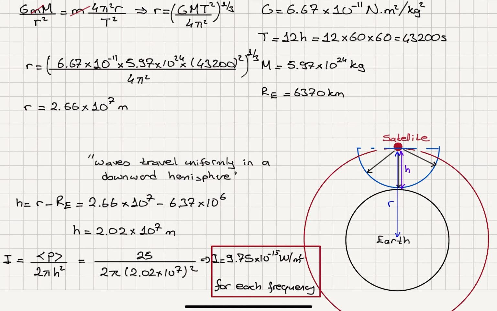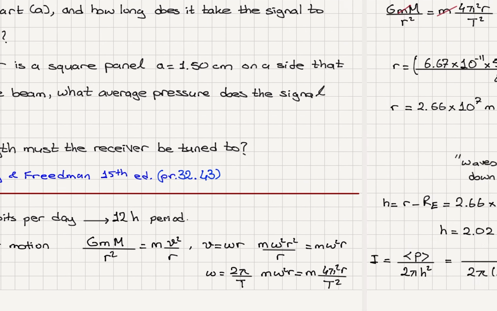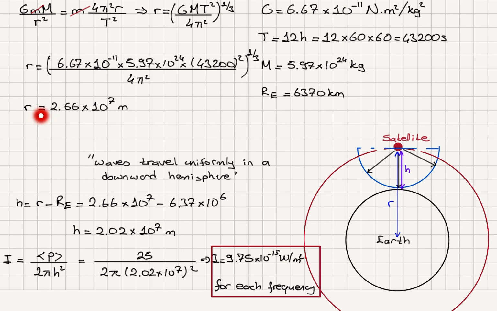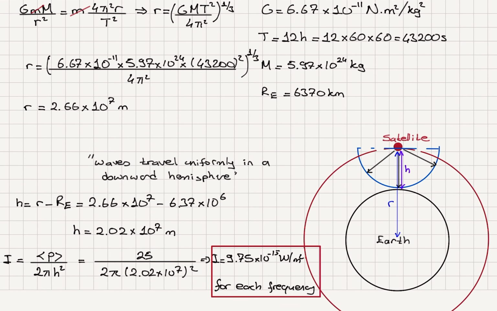Okay, so in this part of the problem, first we calculated the radial distance between the satellite and the Earth, and that's basically an application of one of Kepler's laws, really. r cubed is proportional to T squared, and it comes from uniform circular motion.